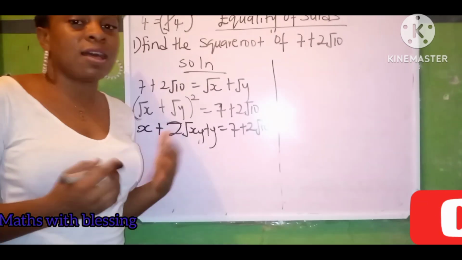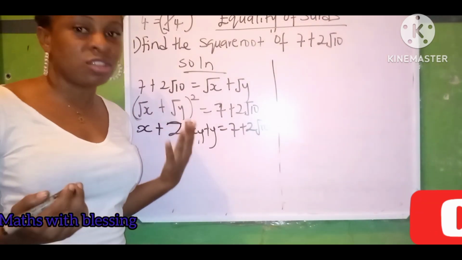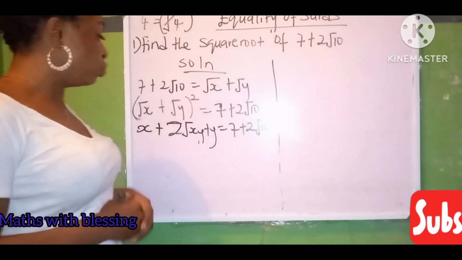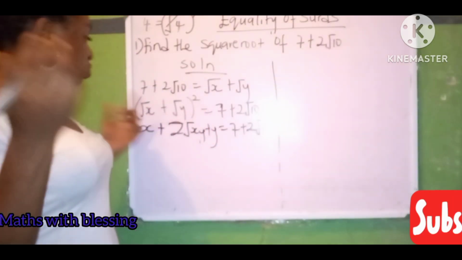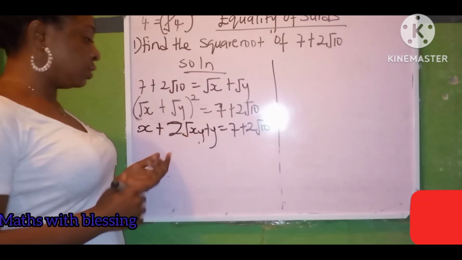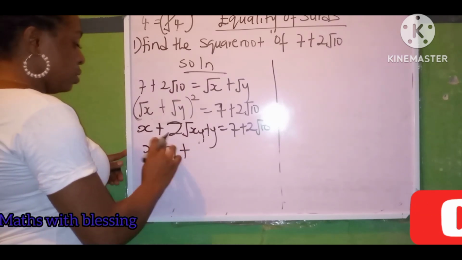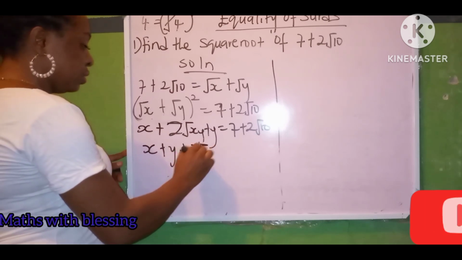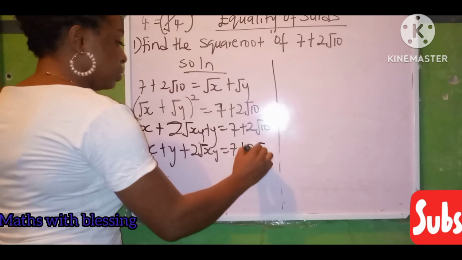To be fast and not waste time during an examination, you can use the notion of the square of a sum. So you can write this as x plus y plus 2 root xy equal to 7 plus 2 root 10.